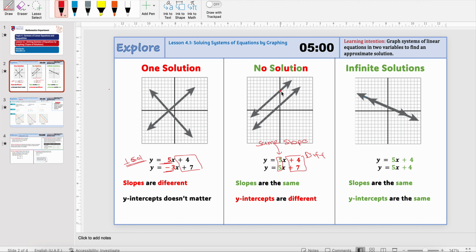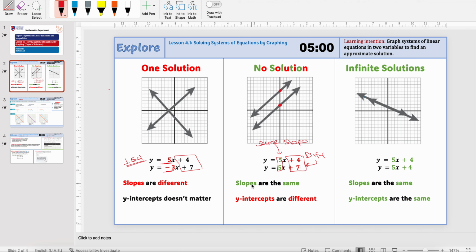This means one of them intersects the y-axis at a different point than the other one, so there's some distance between them to guarantee that they won't meet. They are parallel lines walking next to each other. So the intercept must be different and the slope must be the same. Parallel lines should have the same slope, different intercept.